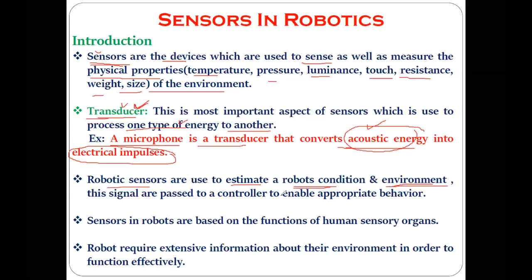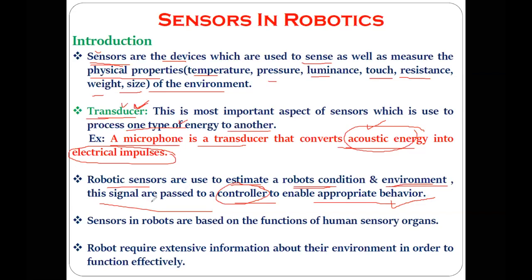So here I mentioned that robotic sensors are used to estimate the robot condition and the environment. These signals are passed to the controller to enable the appropriate behavior. So the sensor takes the information from the environment, and that information is passed to the controller of the robot. Utilizing that information, the robot performs its behavior for the particular activity.